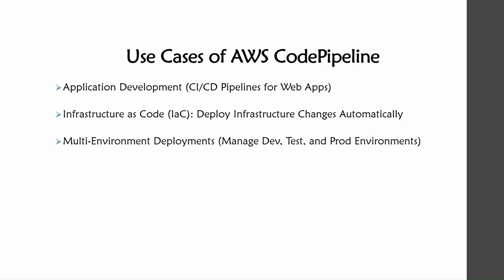So the next use case is multi-environment deployments. AWS CodePipeline is ideal for managing multi-environment deployment. It can automatically deploy different versions of an application to various environments such as development, testing, and production, where each environment can be configured and tested independently before deploying to production, minimizing errors and ensuring stable releases.